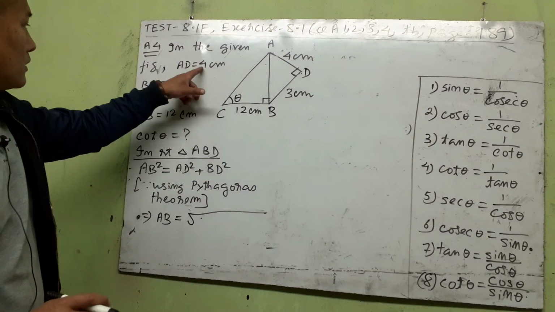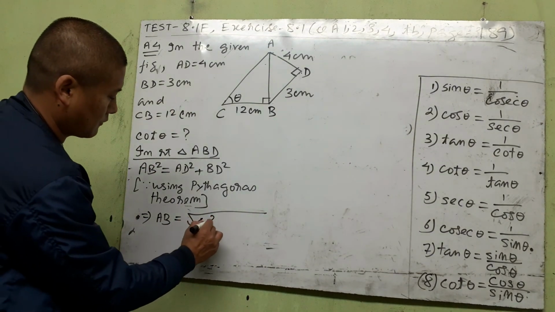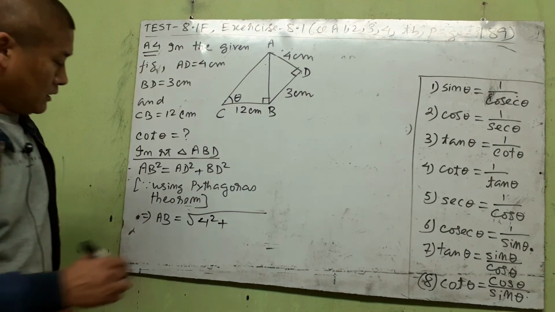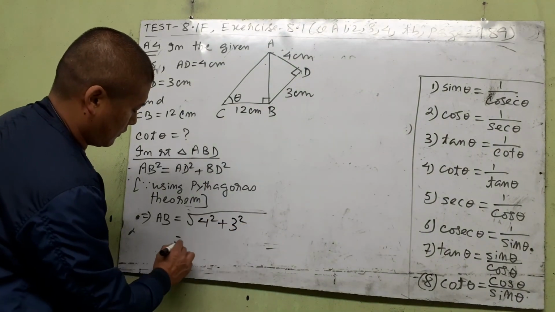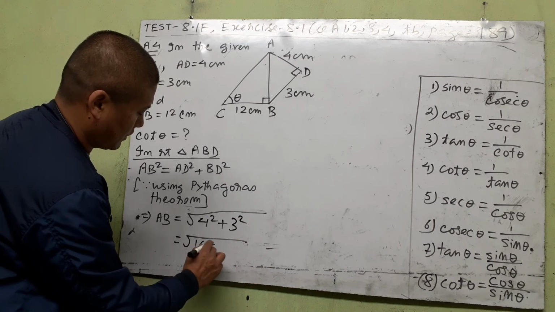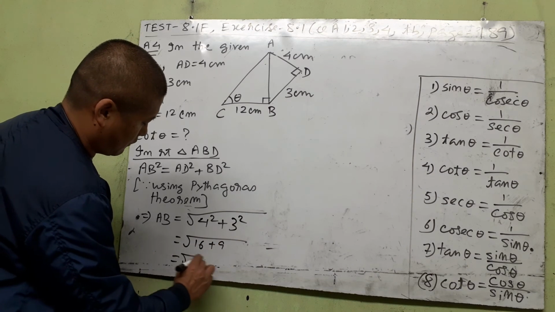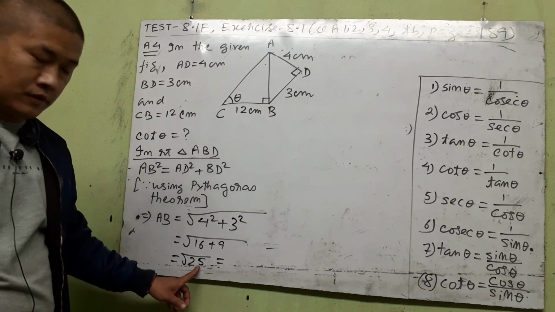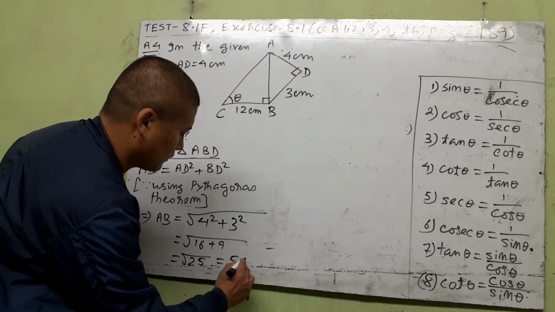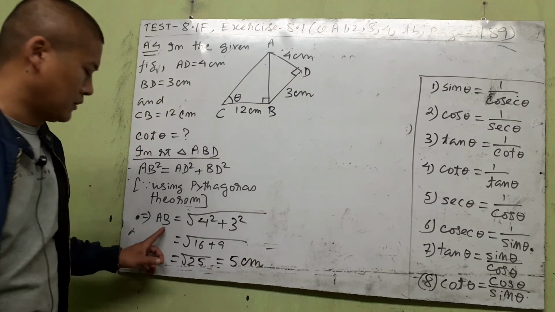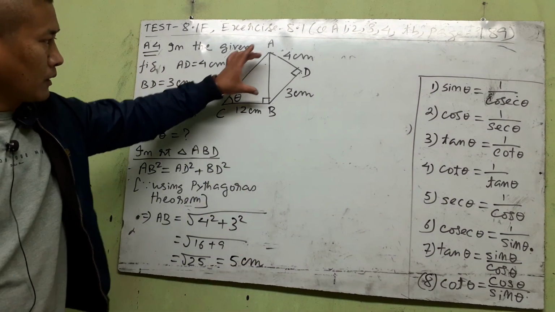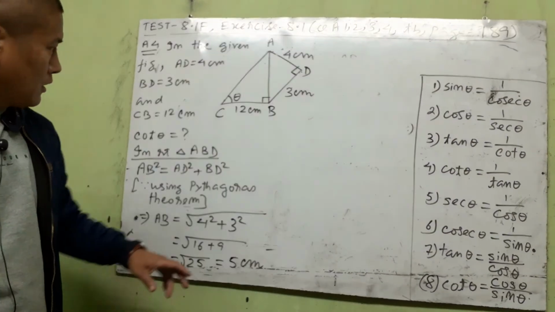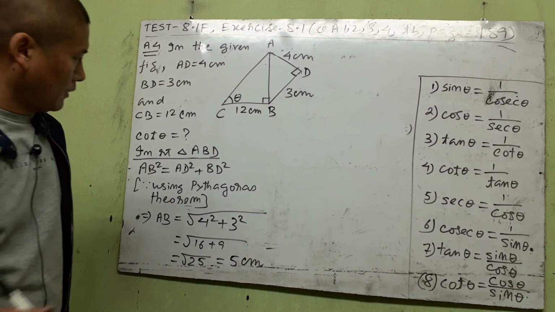AD, as you can see, 4 centimeters, so 4 square plus BD, you can see here 3, so 3 square. So that is root over 4 4s are 16 plus 3 3s are 9, root over 16 plus 9 is 25, 5 5s are 25, so a single 5 will come out of the root. So AB is 5 centimeter. This is now found out, which is also the side of the other triangle.